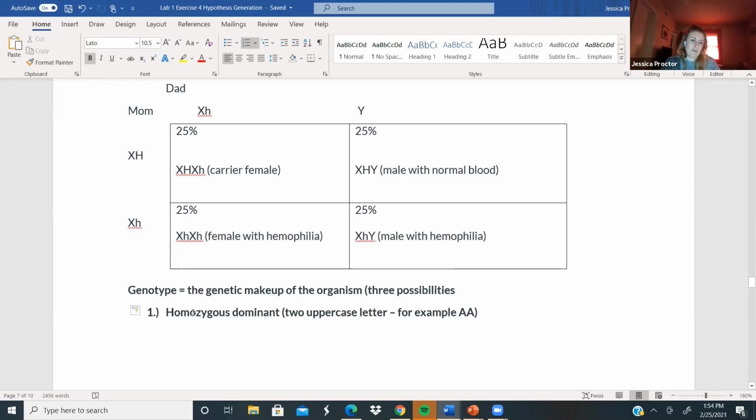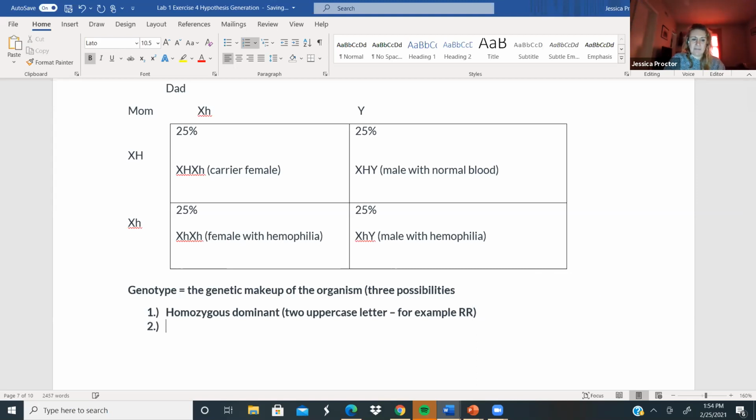You break up the word: the first part, homo, means same, and then zygous means zygote. Recalling again from chapter 2, a zygote is a fertilized egg cell, 23 chromosomes from mom's egg and 23 chromosomes from dad's sperm. If you're homozygous dominant at a particular locus, let's say tongue rolling, and you get a dominant allele from both mom and dad, then you're a tongue roller and you're also homozygous dominant.